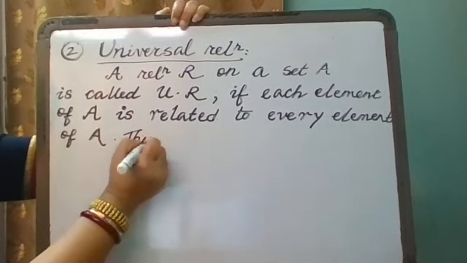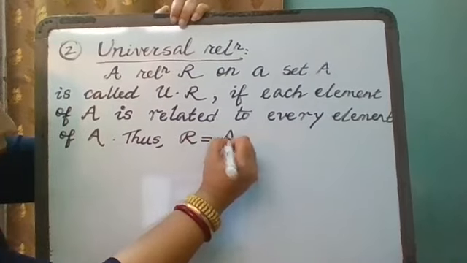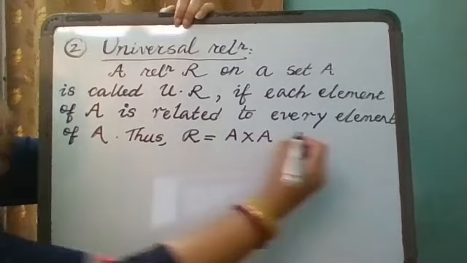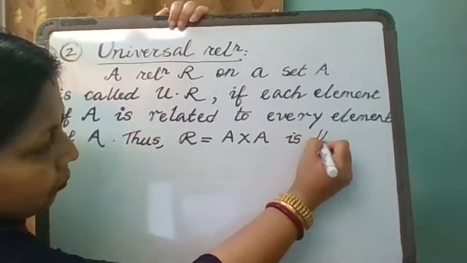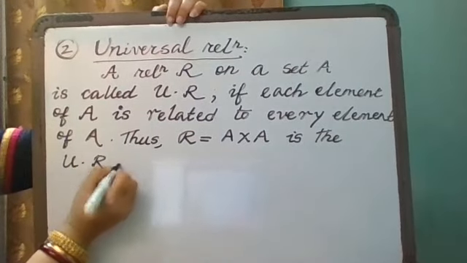Thus, R equals A cross A is the universal relation. I've just written you one.